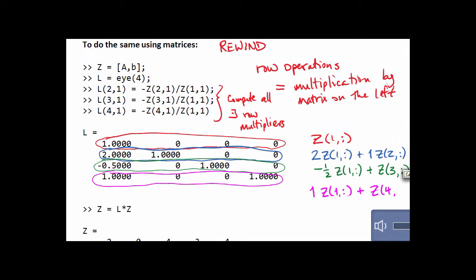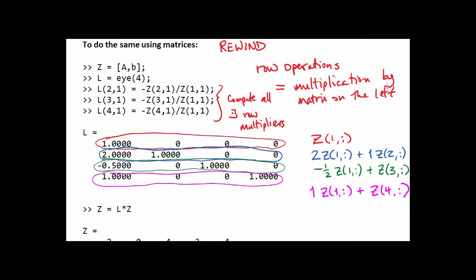So you see how every row has this. Every row of L has exactly 2 non-zeros.